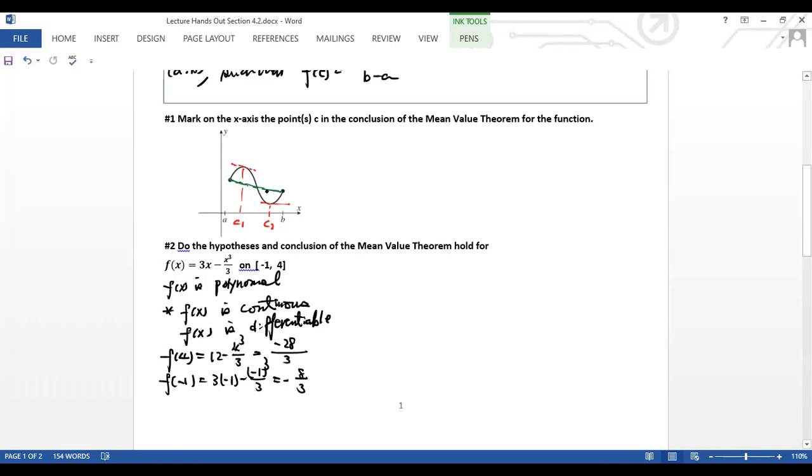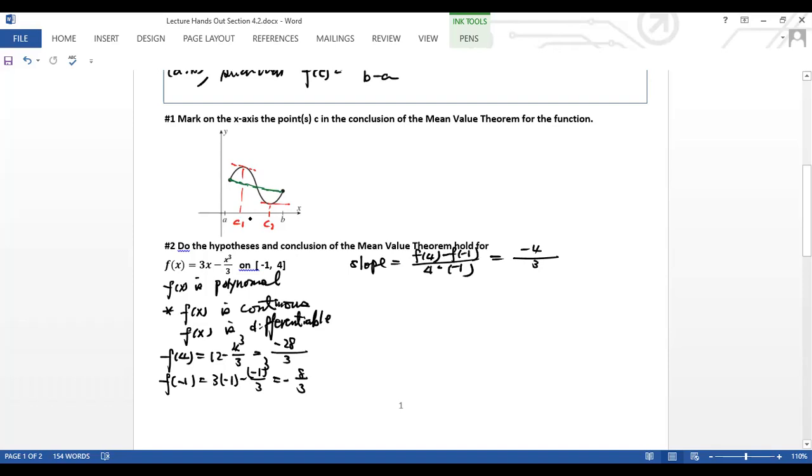Now let's try to find the slope of this green line. The slope will be equal to f of 4 minus f of negative 1 over 4 minus negative 1. So far, so good. So this will be negative 4 over 3 here.